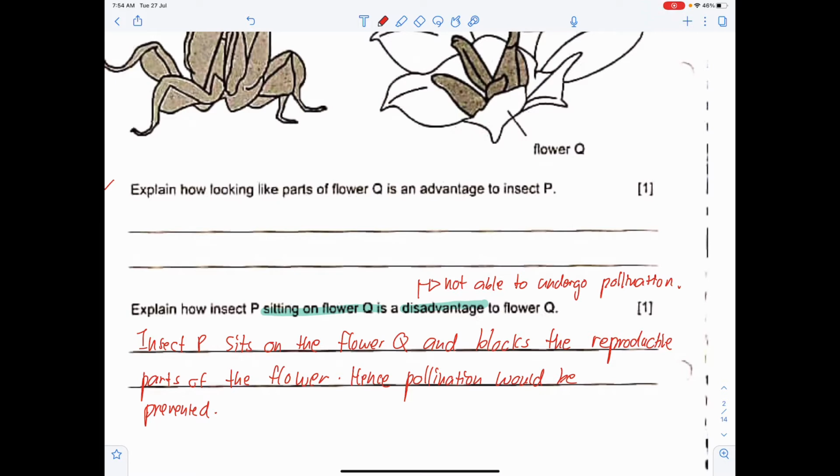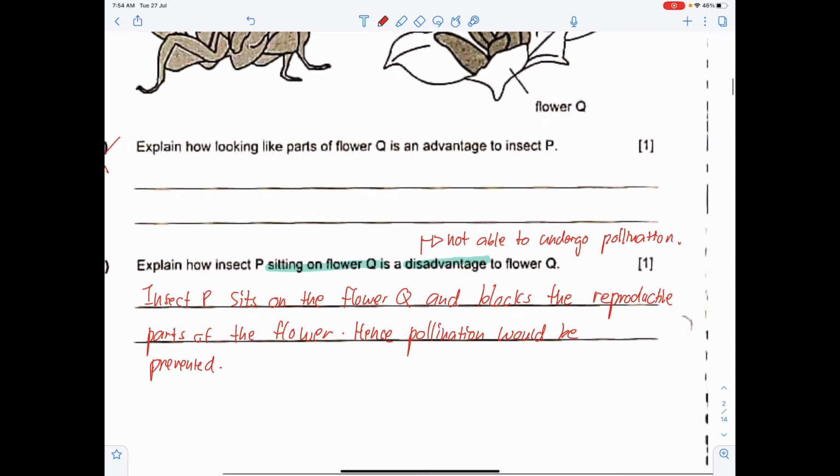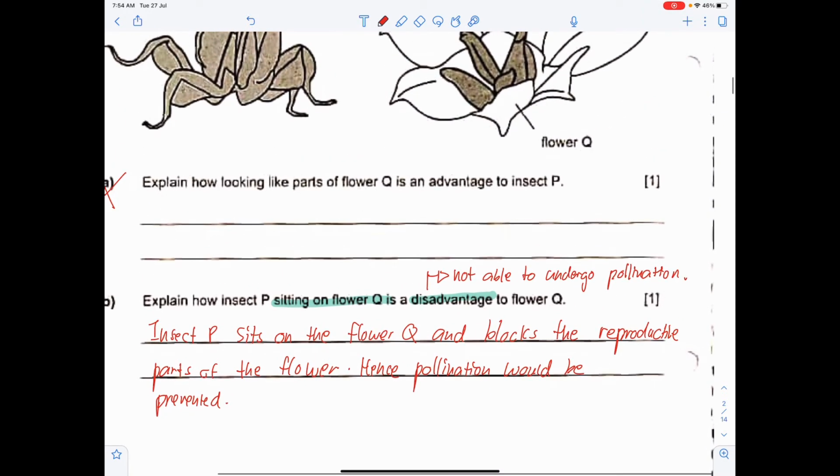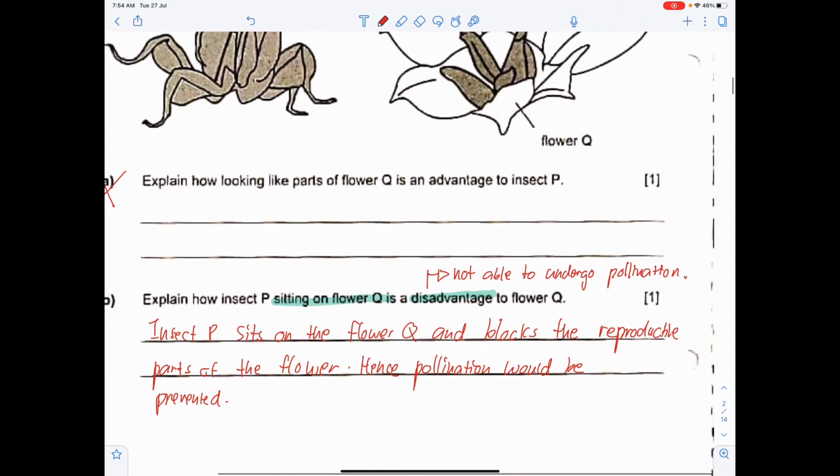By doing annotation, you actually know what are the demands of the question. So when it comes to diagrams, please take a look. They are really there to help you. Ask yourself, what is this insect doing? Okay? Moving on.